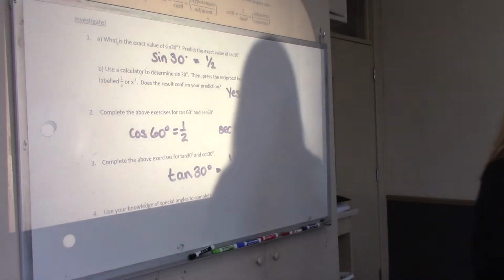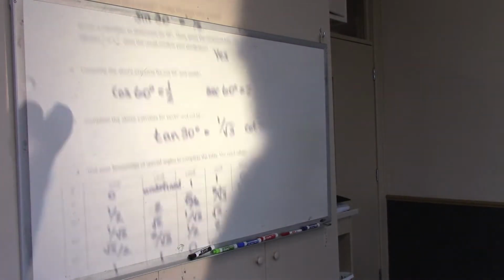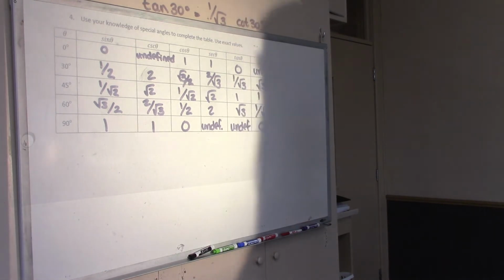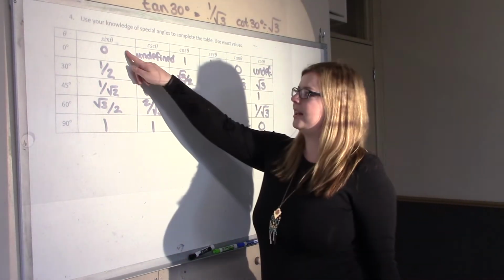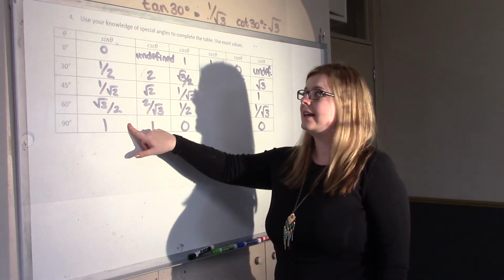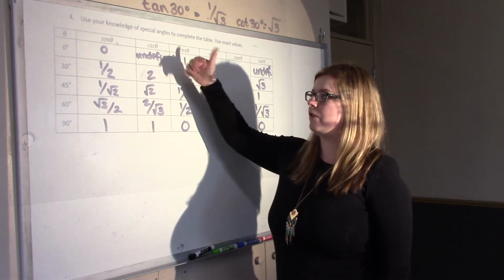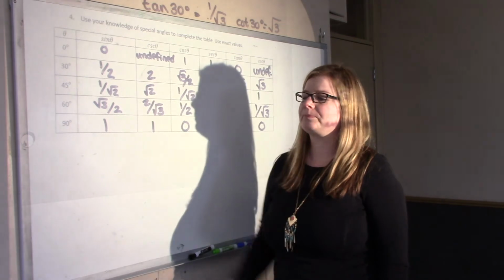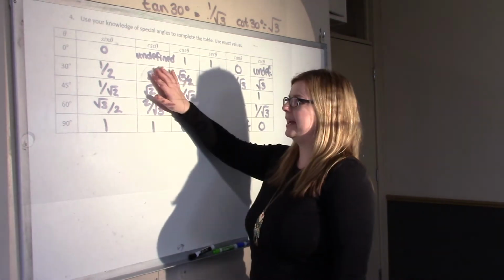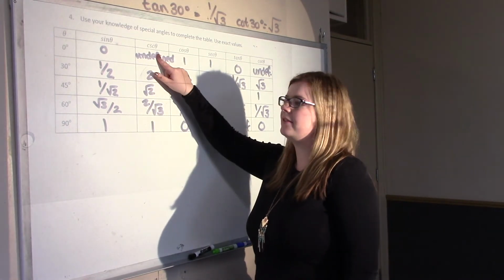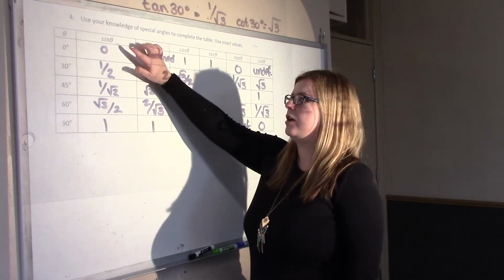So then when you fill this out, okay, you fill in the sine values that we learned last class. And then for the cosecant, you flip top and bottom, okay, to get the cosecant. So cosecant of 0 is undefined because this is 0.